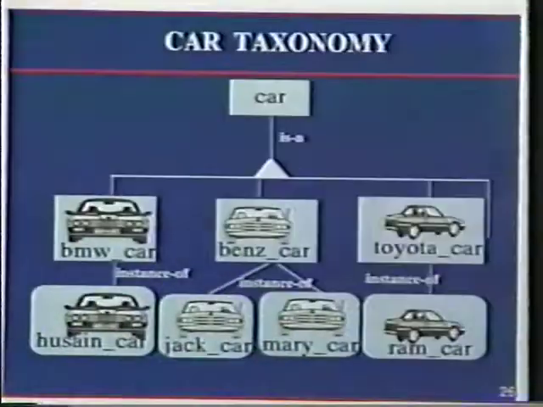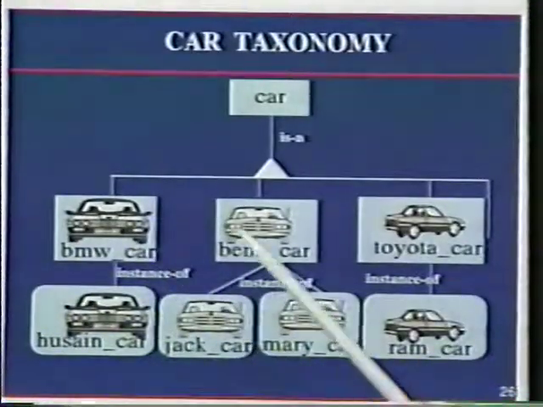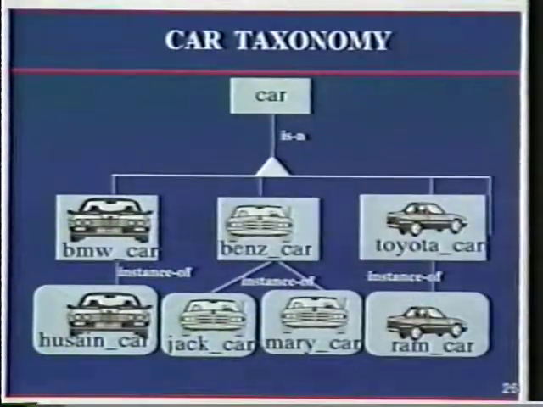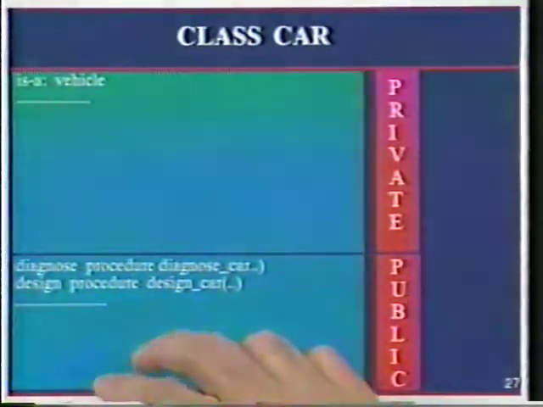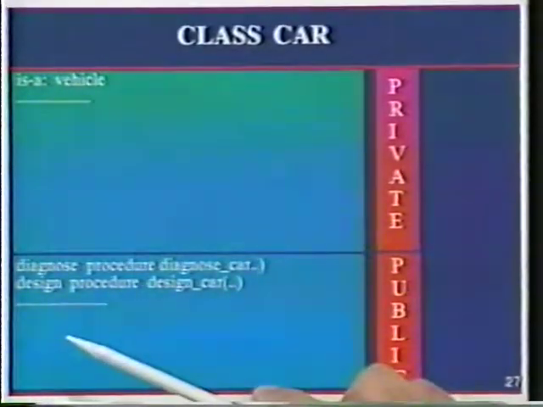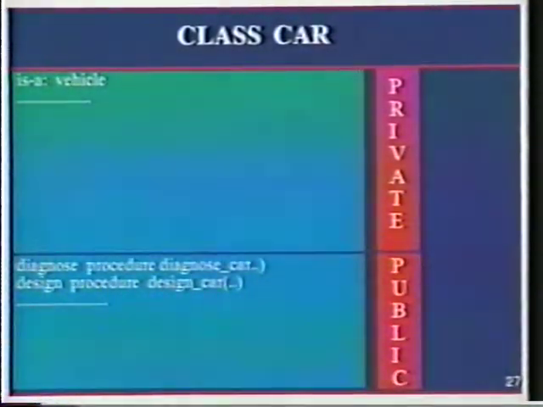If you go back to the previous slide, like the BMW car, the BENZ car, and the Toyota car, we abstracted it into the car level. Now you might ask: why don't I see those particular attributes around here? And I have also made one more change here. If I go back, that is between the BENZ car and the class car.